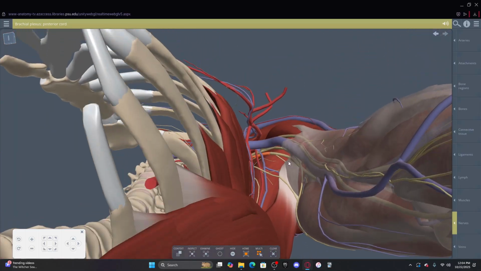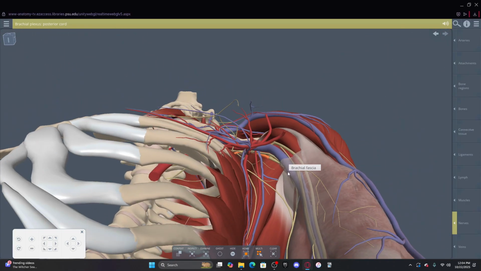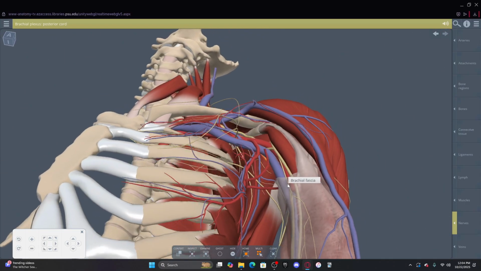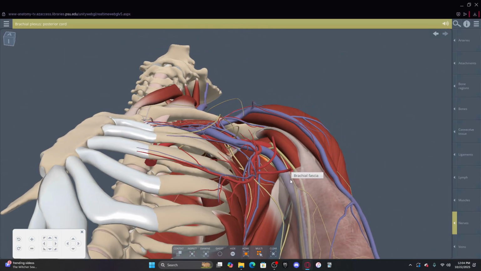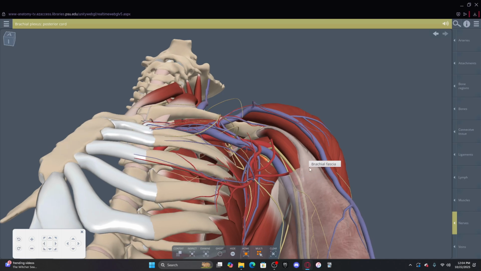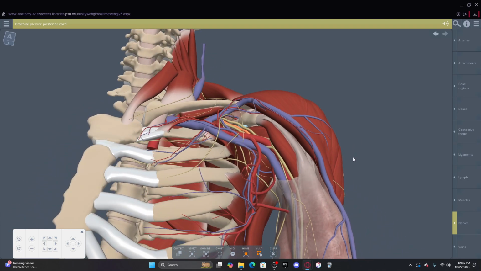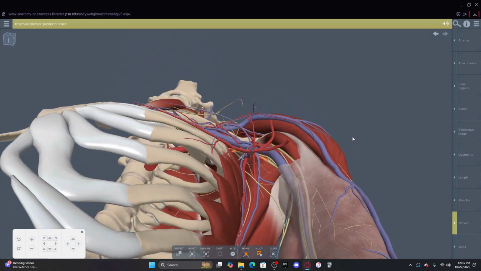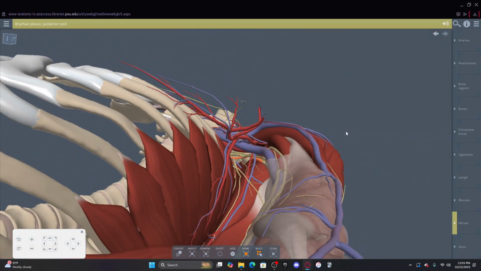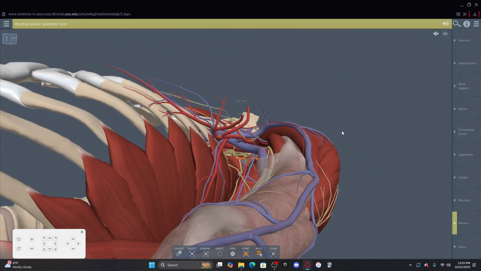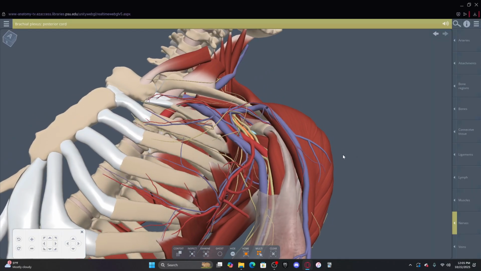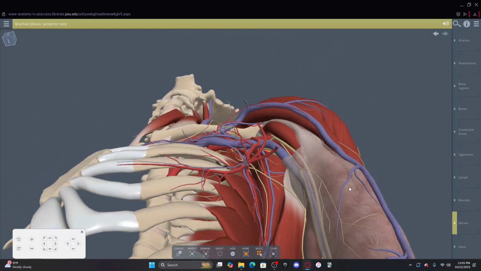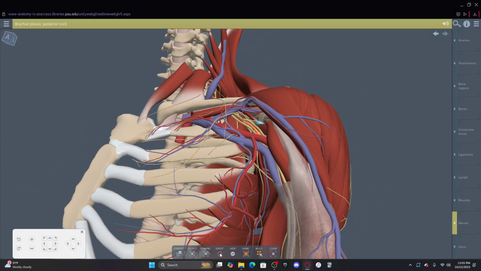Coming from the medial cord, there's a bunch of medial cutaneous branches. So we have the medial cutaneous nerve of the arm and the forearm, and then you have the medial pectoral nerve as well. So that's our posterior cord. I'm going to show you that. So posterior cord.